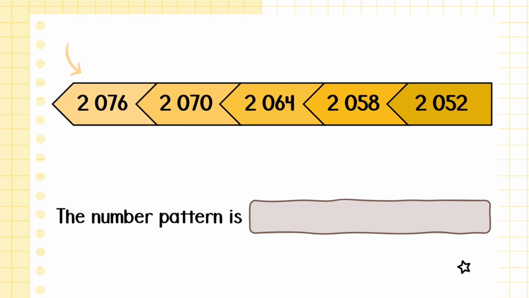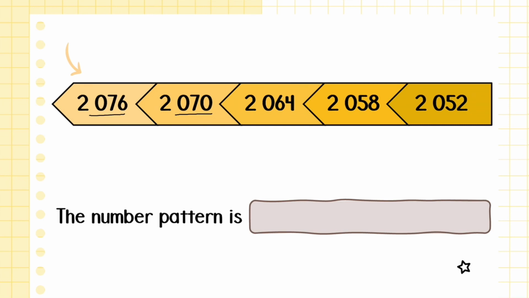Alright. Next example here, again we have another 5 different number cards, but this card is already arranged. It already arranged in what order? We need to find it together. So let's look at the first number. We have 2076, and then from this number it becomes 2070. From 76 it moved to 70.